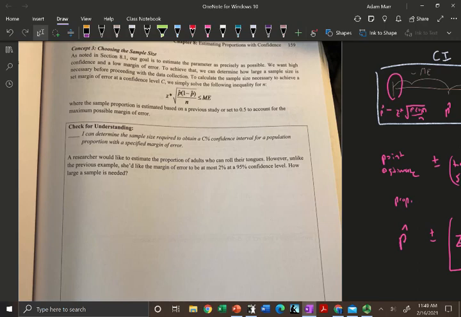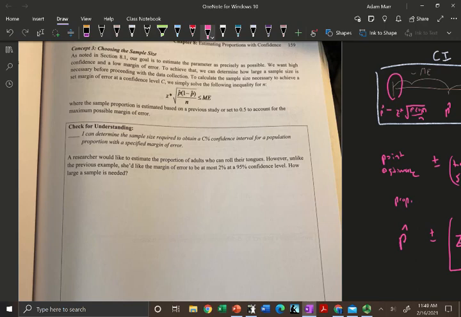All right, so right here, as noted in 8.1, our goal is to estimate the parameters as precisely as possible. We want high confidence on a low margin of error. To achieve that, we can determine how large a sample size is necessary before proceeding with the data collection. To calculate the sample size necessary to achieve a set margin of error at a confidence level C, we simply solve the following inequality for n.